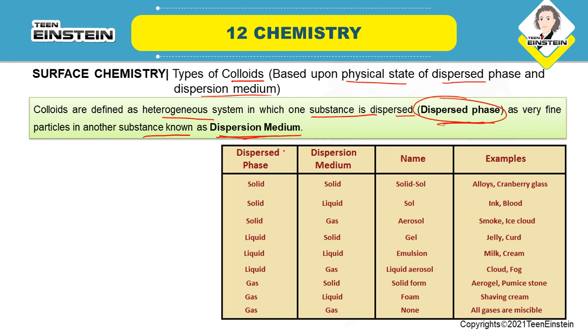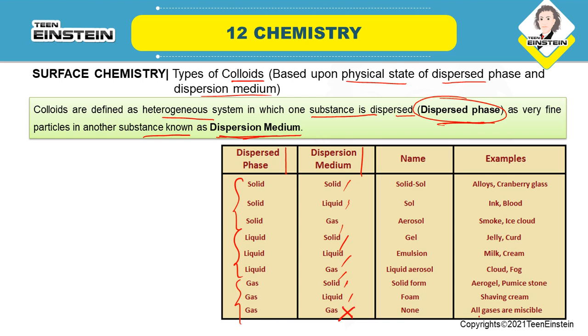So depending on dispersed phase and dispersion medium nature, that is, if you do permutation combination of solid, liquid, gas: when dispersed phase is solid, under this condition 3 possibilities are there. Similarly when it is liquid, again 3 possibilities, and when it is gas again 3 possibilities, but not the last one. Why?